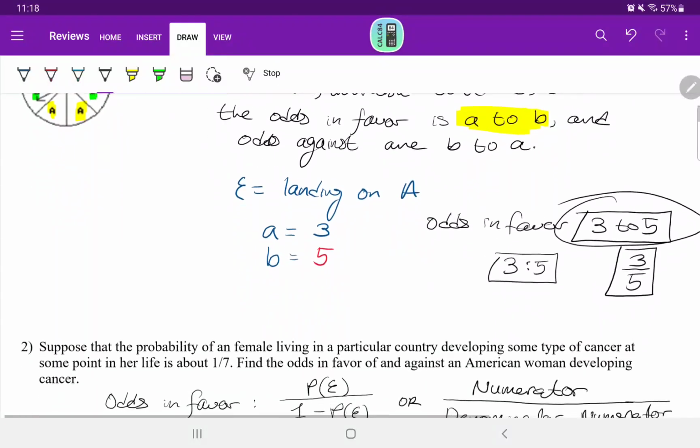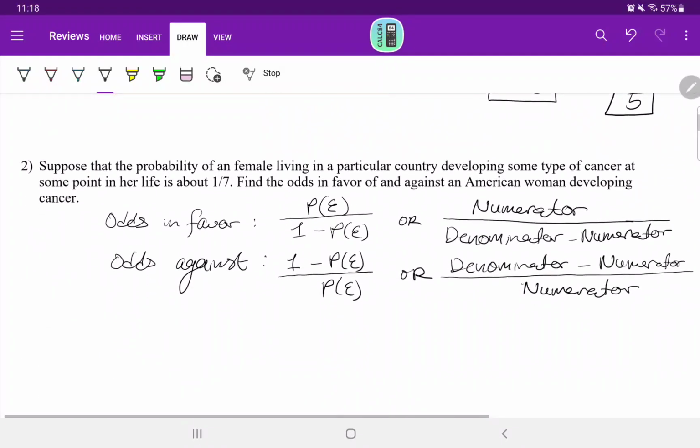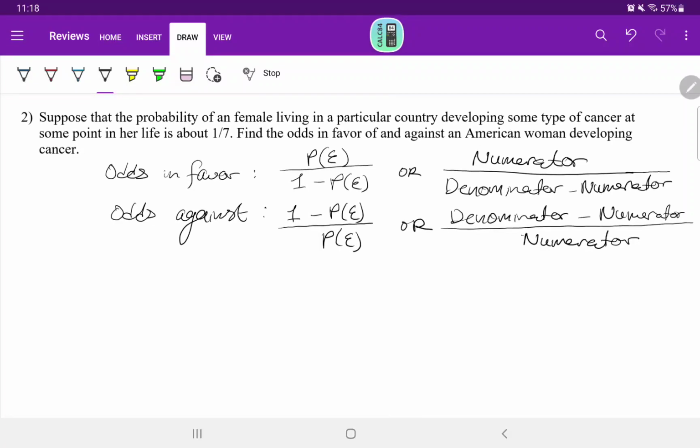Let's move on. Now, it says here, suppose that the probability of a female living in a particular country developing some type of cancer at some point in her life is about 1 to 7. Kind of dark. Find the odds in favor and against an American woman developing cancer.